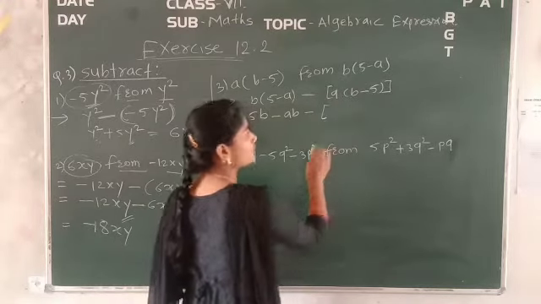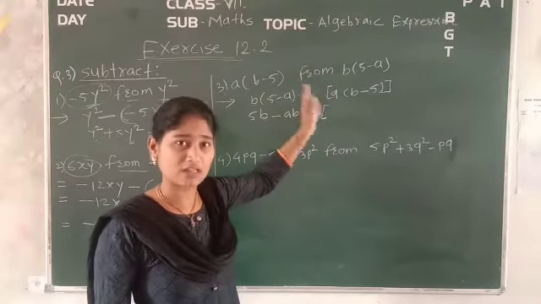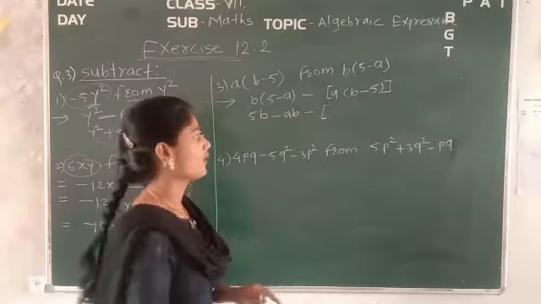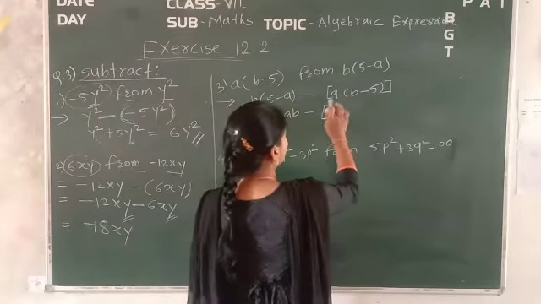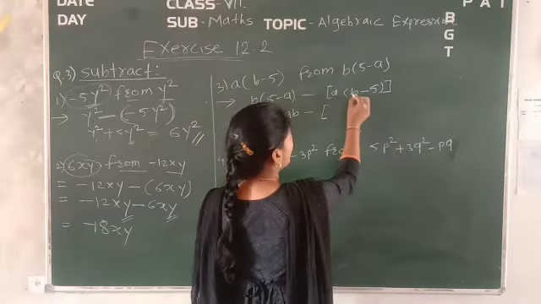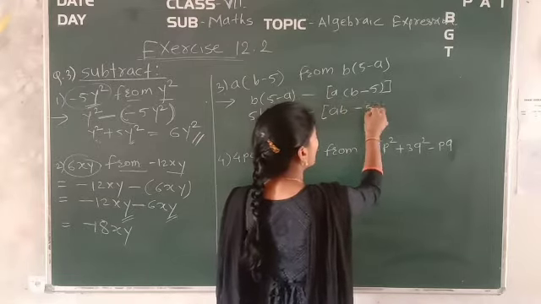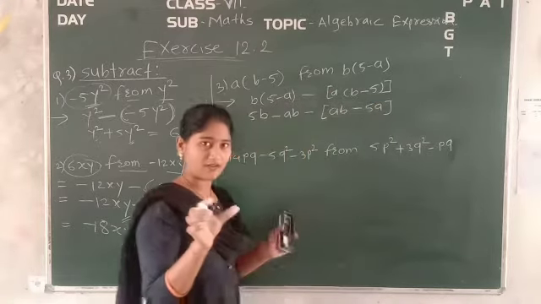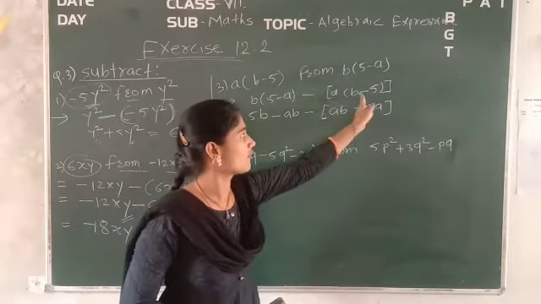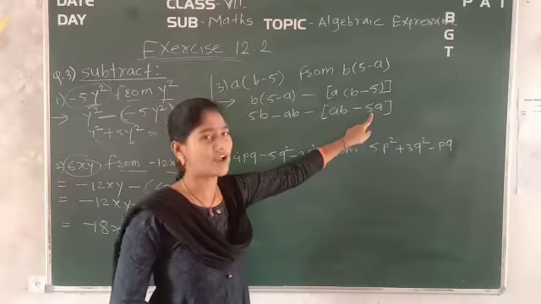Okay, first of all, what we have to do? Within that you have one bracket. So first of all solve this bracket, then multiply this whole bracket with the minus sign. Okay, so it is a into b minus. Okay, it is a, so that's a into b, it is ab, a into 5, that is 5a you can write down. And this small bracket will be removed. Okay, the round bracket will get removed after multiplication of a with the whole bracket, that is a into b, ab, a into 5, that is 5a.